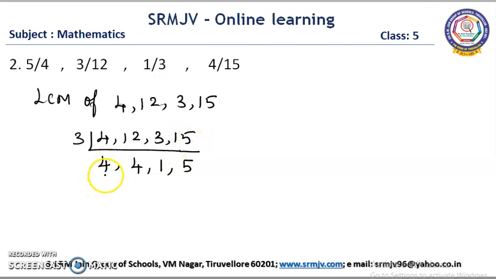Now 4, 1, 5. 4 is divisible by 2. So I am going to divide by 2. In the 2 table, 2 twos are 4. Here also 2 twos are 4. Here we keep 1 as it is. 5 is not divisible, so we keep it as it is.